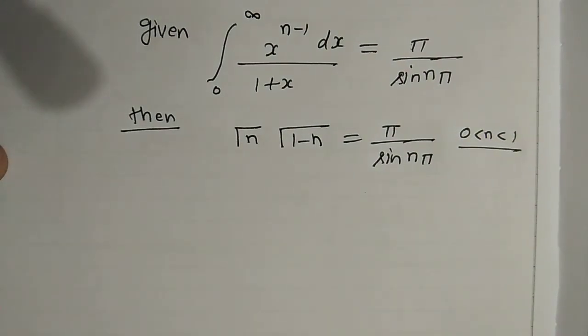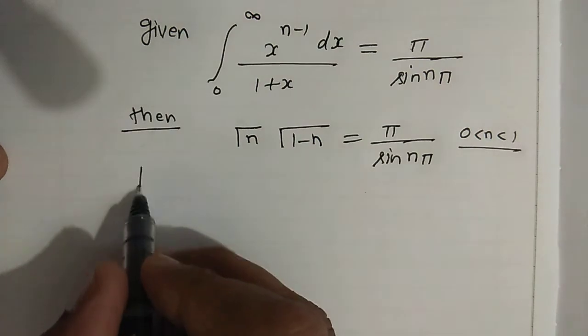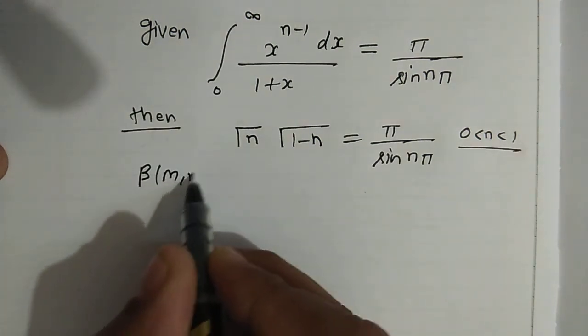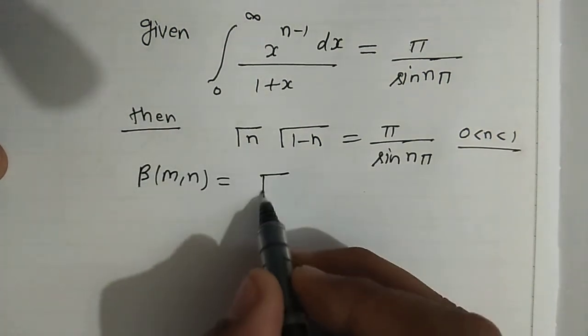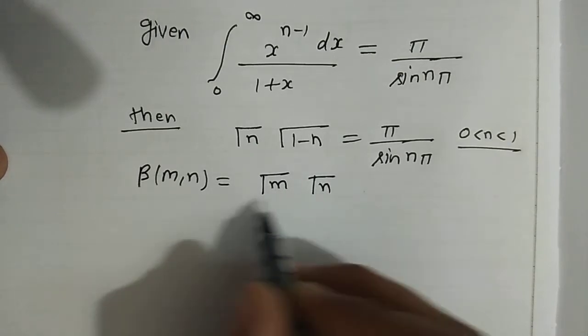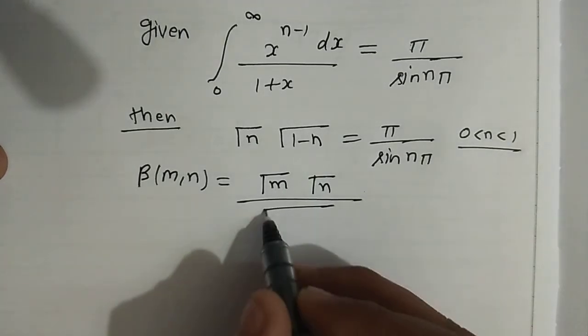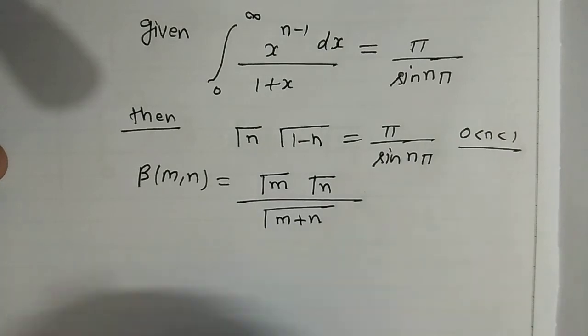We know the relation between beta and gamma function: beta(m, n) equals gamma m gamma n divided by gamma(m plus n).